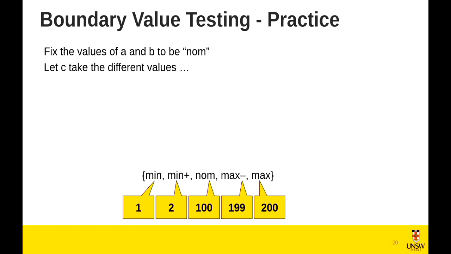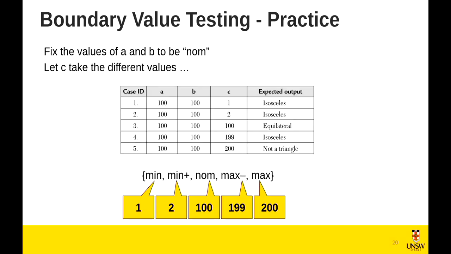So what we can do is fix A and B to be nom, and let C take all these 5 different values. So we fix both A and B to be 100, and we let C take all the 5 values, and we will generate a table of test cases like this.